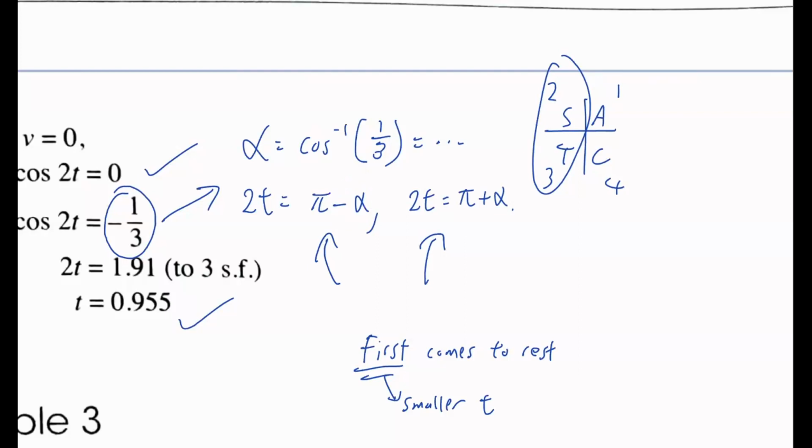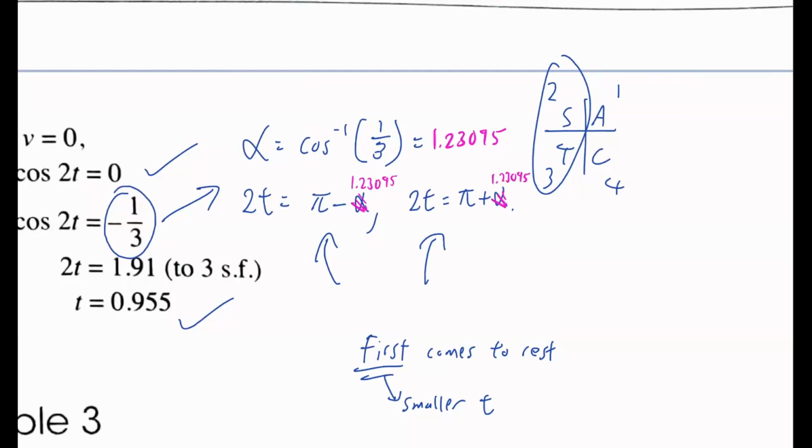I don't write alpha, if not you get confused. Let me type this in, cosine inverse 1/3. Make sure my calculator is in radian mode. 1.23095.